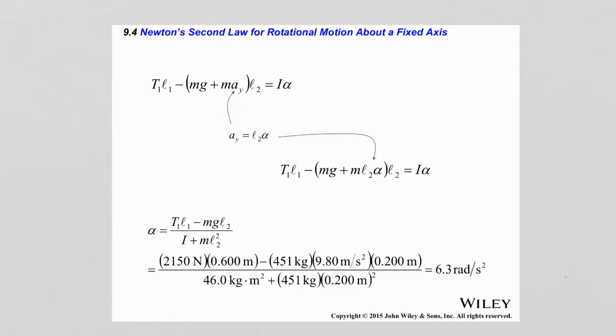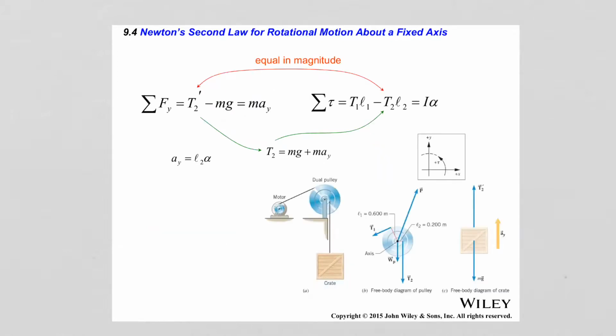So from here I can solve for the angular acceleration alpha. After rearranging the terms here, the expression that I get is that alpha is equal to T1 L1 minus mg L2, divided by I plus mL2 squared. So I know everything on the right side. So when I substitute the values, it gives me that the angular acceleration is equal to 6.3 radians per second squared.